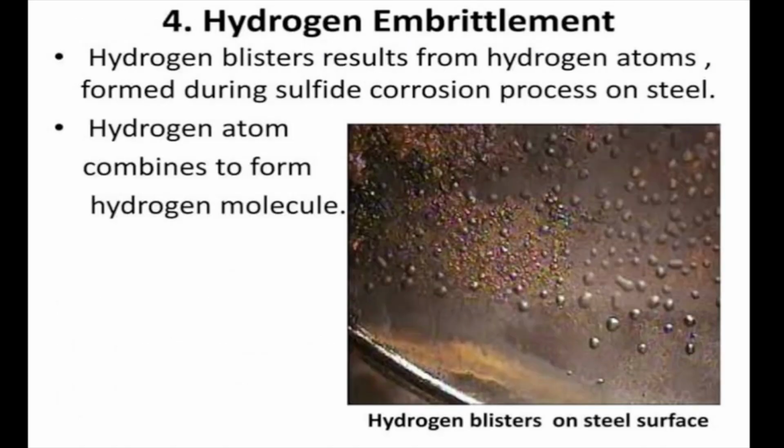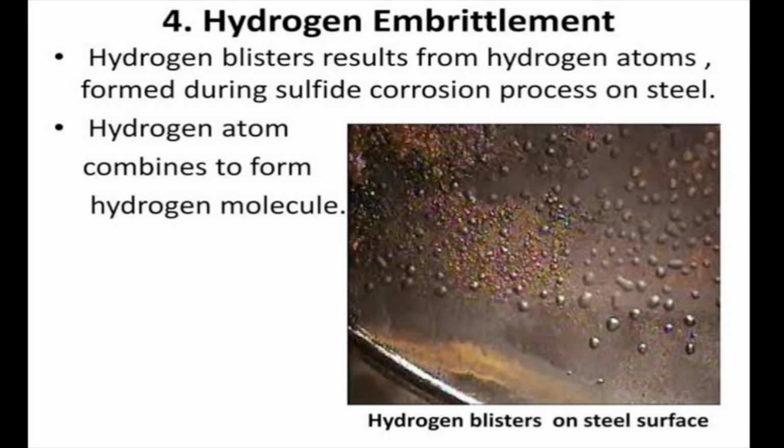Number 4, or the fourth type of corrosion, is hydrogen embrittlement. When hydrogen is present within a metallic material, it is a very common phenomenon that it makes the structure of that material very brittle.